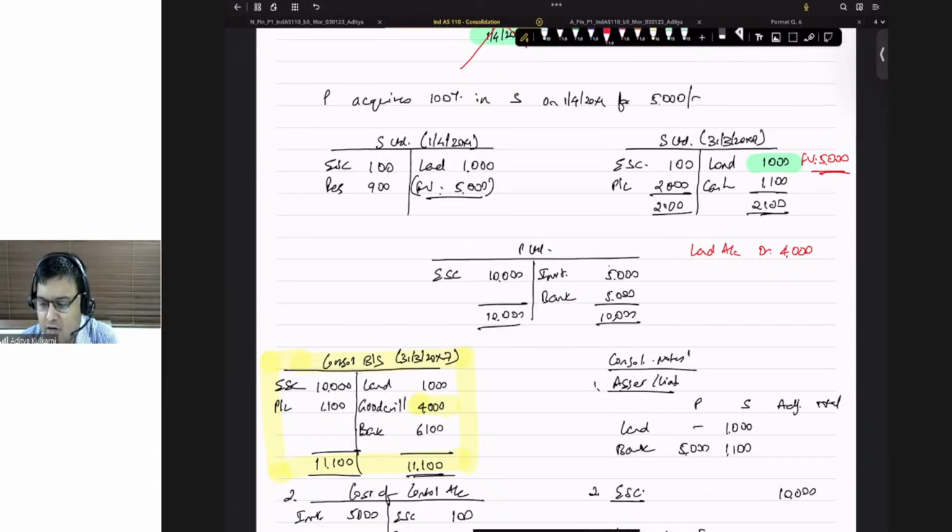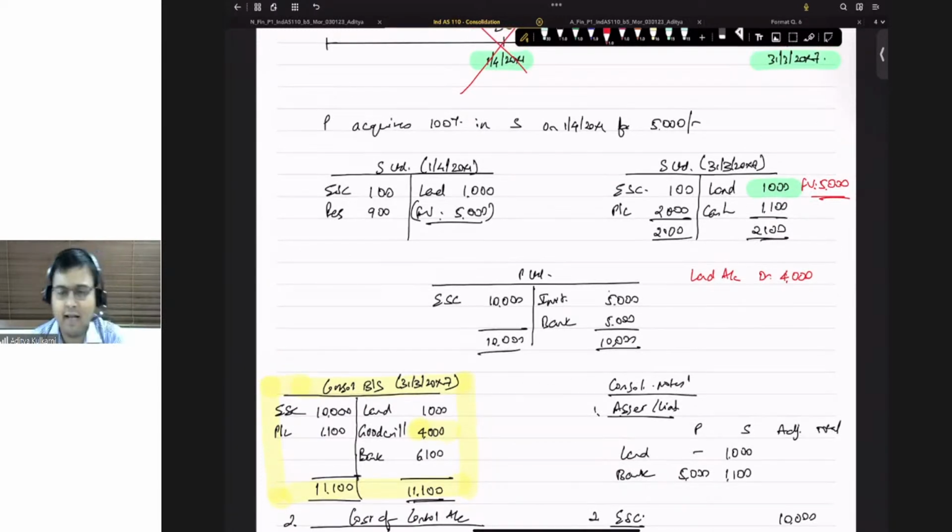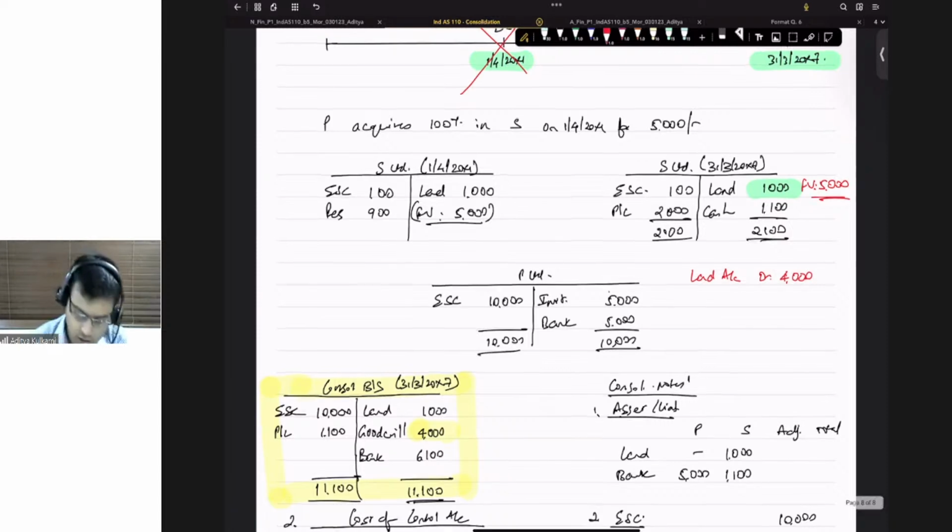This fair value of land of 5,000, which is the value as on 1st April 20x1 when you have actually acquired, will this movement in value of 4,000 be credited to the pre-acquisition reserve, or will it be credited to the post-acquisition reserve? Will it be credited to the pre or the post?